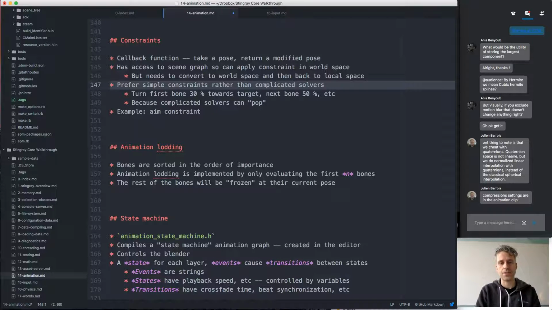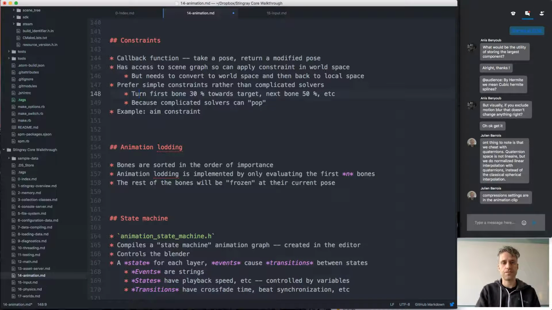One thing I should say about constraints in general is that I tend to prefer simple constraints rather than complicated solvers. Sometimes you see constraint solutions where, to solve the constraint, we set up a bunch of matrix linear algebra equations, and then we solve them to find the best solution, and so on.